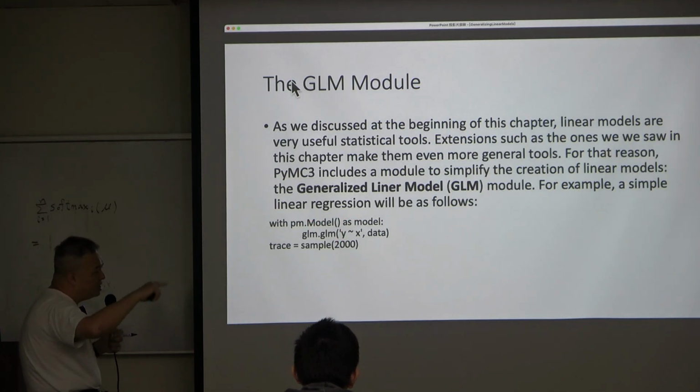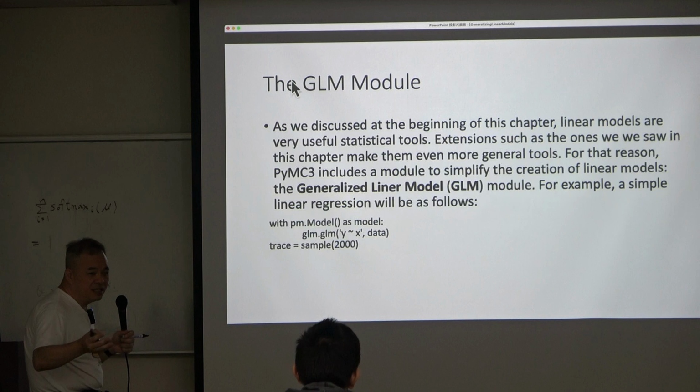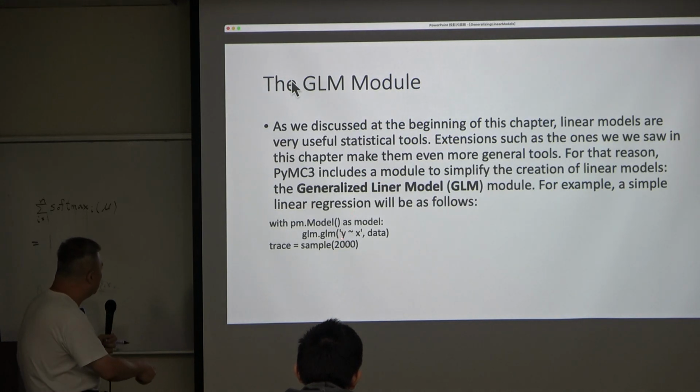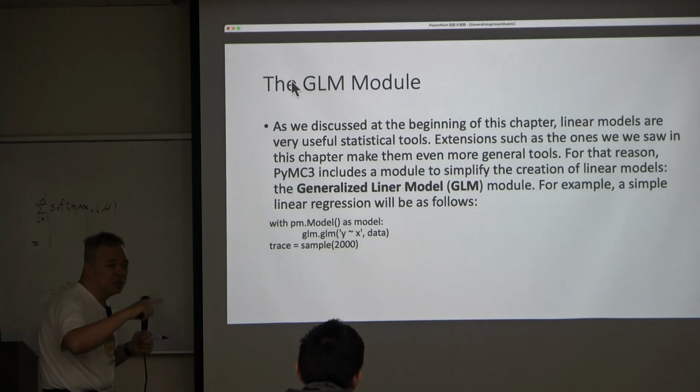We know y is pretty much alpha plus beta x, so you don't even need to talk about alpha and beta, because those are set automatically by the GLM. You only need to know y is proportional to x. The tilde basically means proportional.